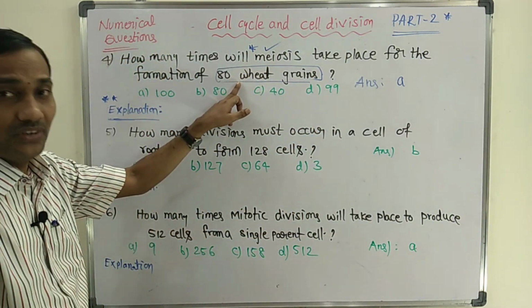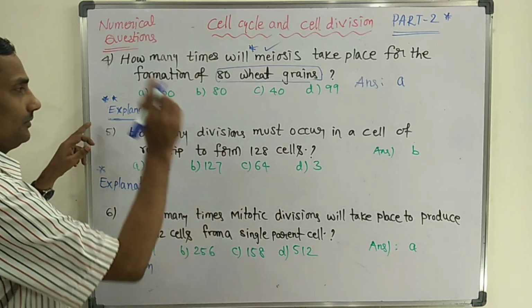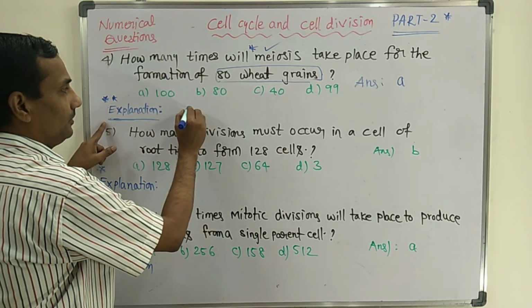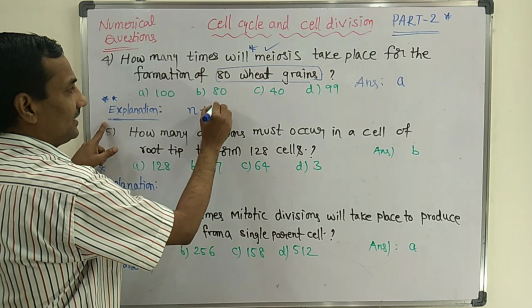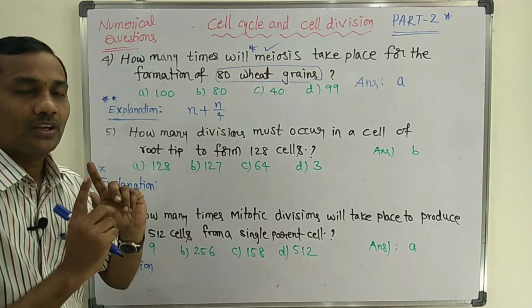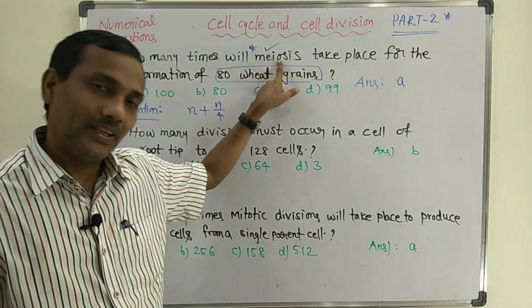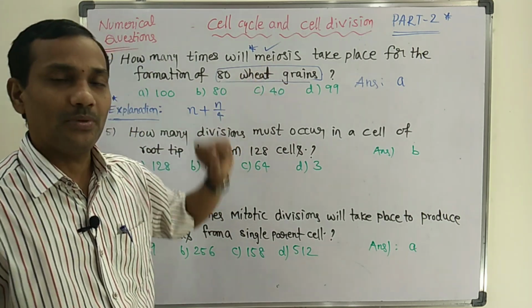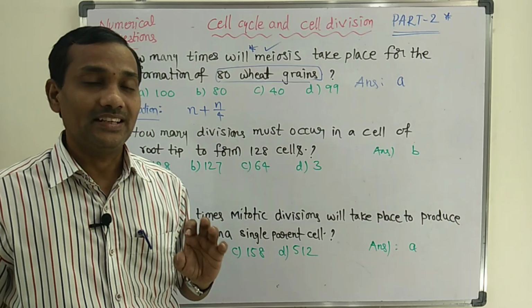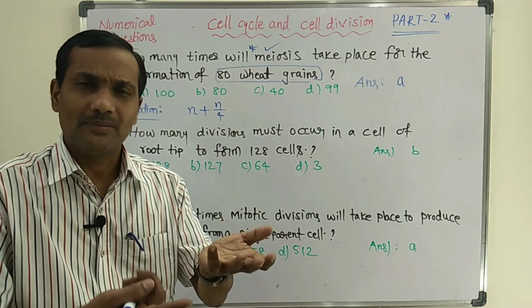For this, I will tell you one simple formula: n plus n by 4. You have to apply it to get the meiotic divisions for formation of 80 wheat grains or 80 wheat seeds.